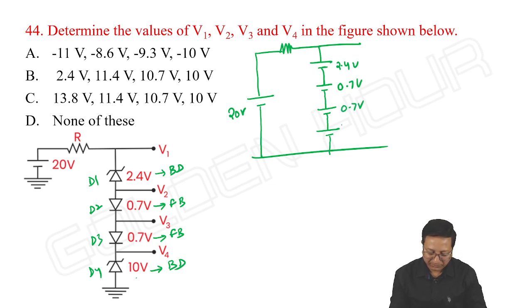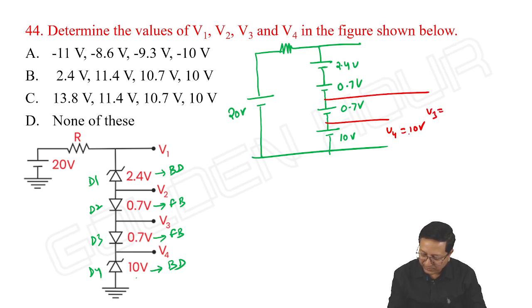So it is 10 volts. It is mentioned as V4, it is 10 volts. It is mentioned as V3, whose value is 10.7 volts.